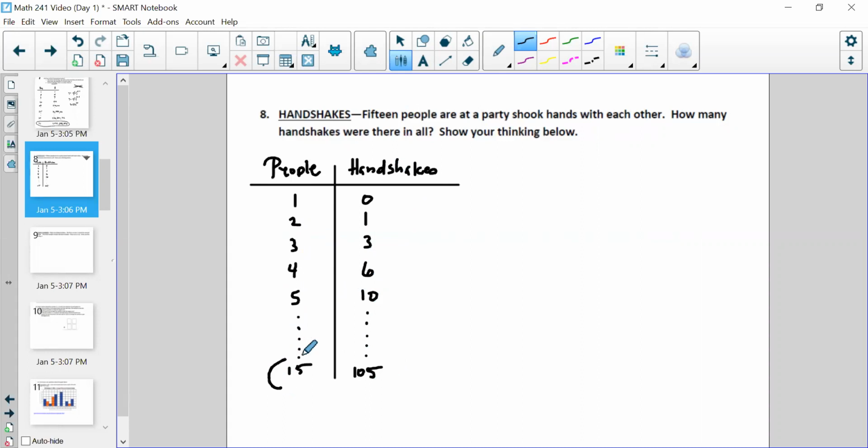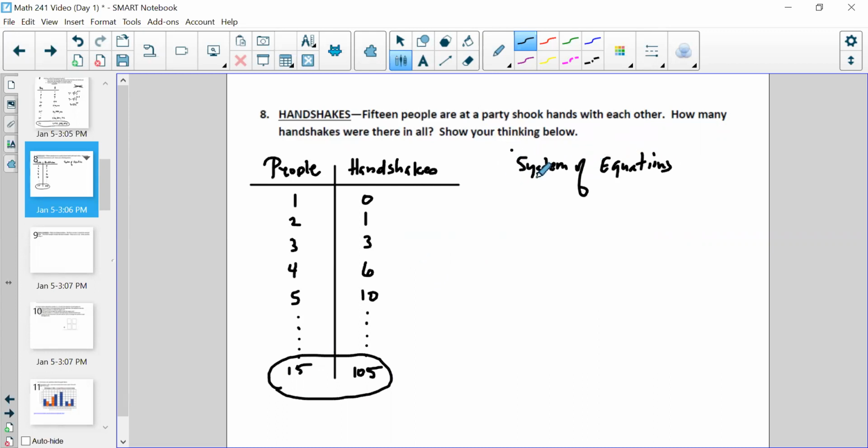Now, if I know a formula, that can help me do this, okay? So I am going to get you to look at a system of equations to help solve this.